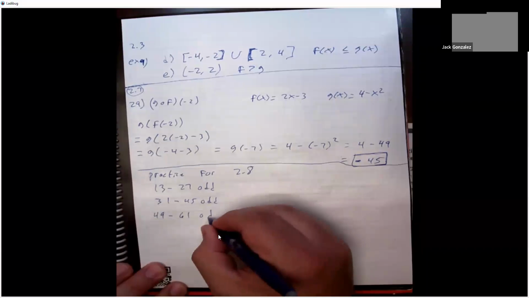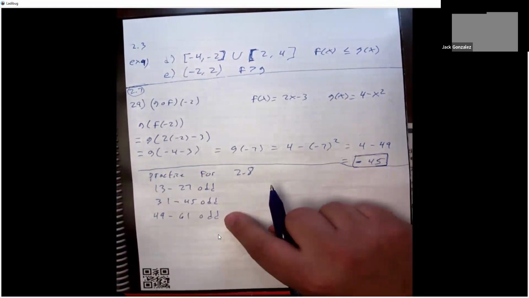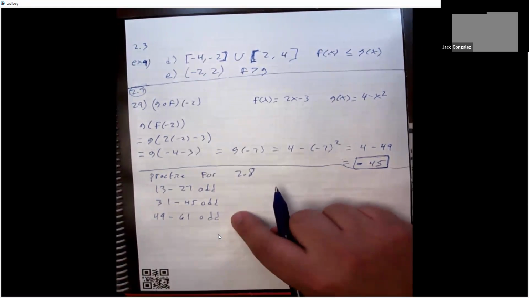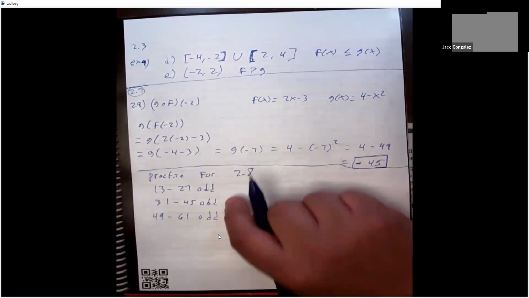I think that'd be more than enough. This is the inverse type right here, finding an inverse. This is the one-to-one stuff, and this will help with conceptual ideas.